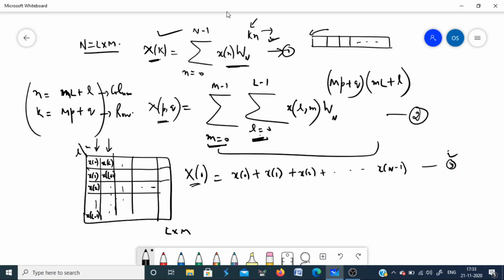Now if you compare from this point, the first element of this, that is x of pq, p is 0, q is 0. Okay, and if you solve this equation, so for m is equal to 0, you will get L terms. So total terms are L into M, which is equal to N. Okay, so suppose if I put m is equal to 0 in this series and I start l from 0 to L minus 1.